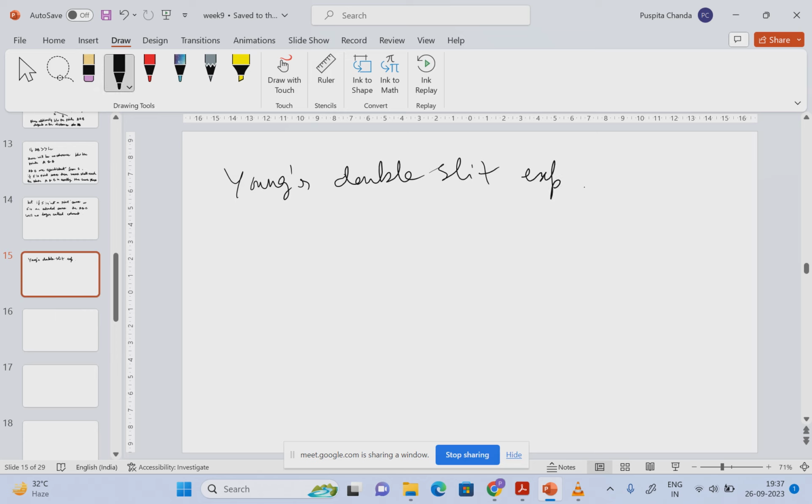Okay, so this is a source S, then this is S1 and S2. This is screen P.